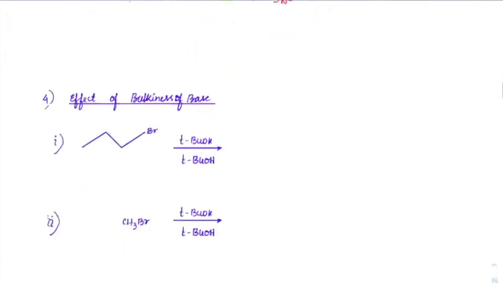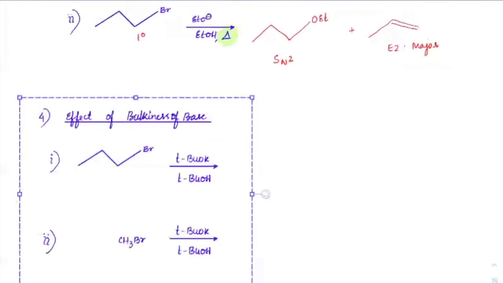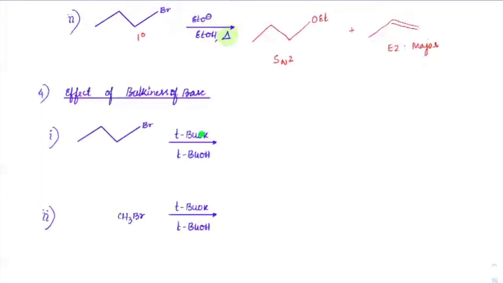Okay. Next, see the bulkiness here. If we check out the bulkiness of the base, see here we are taking tert-butoxide. Tert-butoxide is a very bulky base, and we know that a bulky base, even if it is a primary position, will always favor the elimination product as the major product.